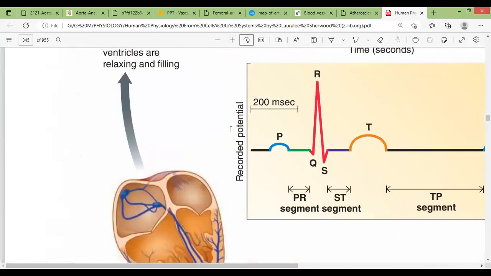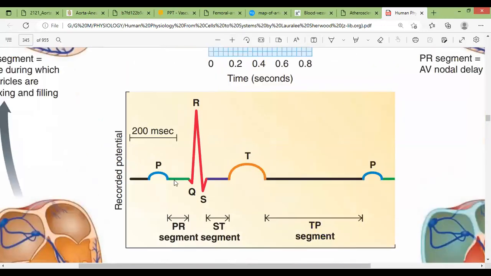So for PQRST, what is happening at P, what is happening at the QRS complex, what is happening between S and T, and what is happening at T. Okay, so the P wave is the first one, the atrial depolarization.